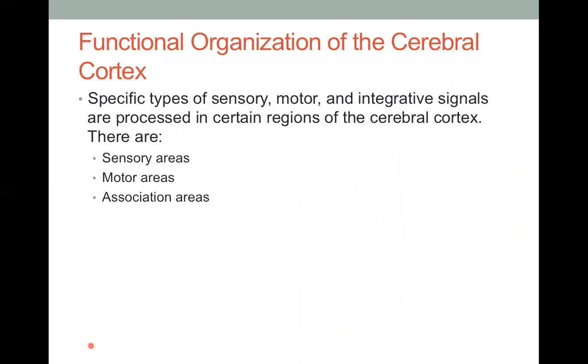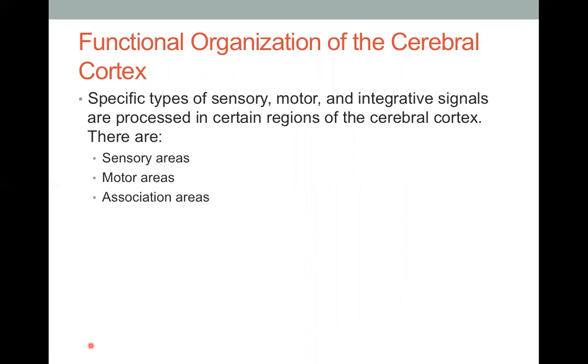The motor areas are going to, of course, govern our muscular movement. And so there are two important motor areas, the primary motor area and then Broca's speech area. We'll talk more about Broca's speech area when we talk about speech, but it is the motor part, or the actual movement, of your speech.